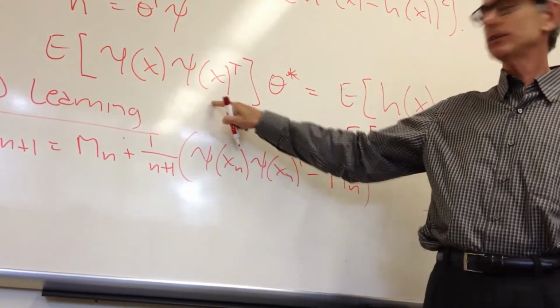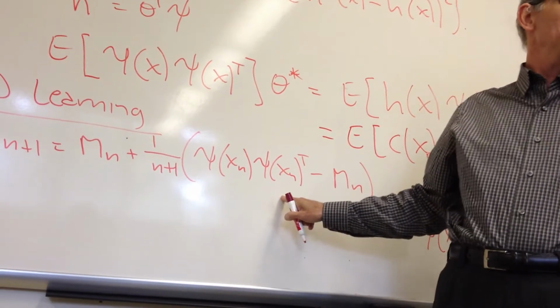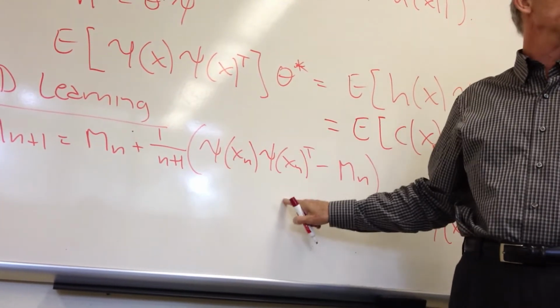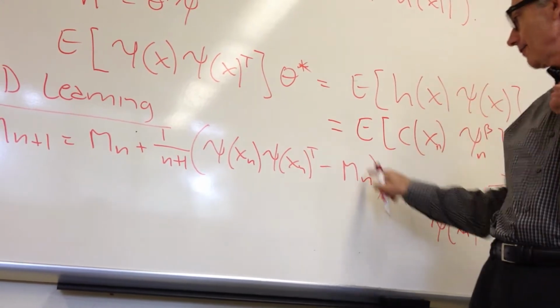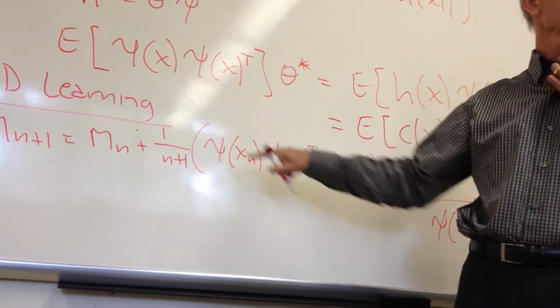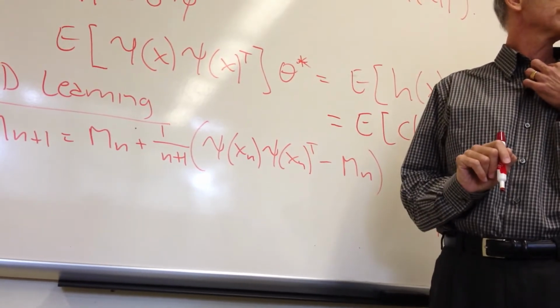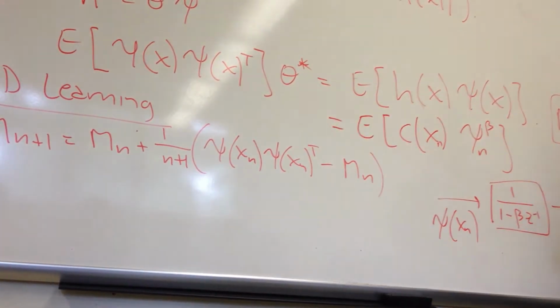To estimate this matrix, that's stochastic approximation, but all it is is Monte Carlo. Remember we saw that this equation was exactly just averaging psi psi transpose. Okay, so we got estimates of this matrix. And we want to estimate this.